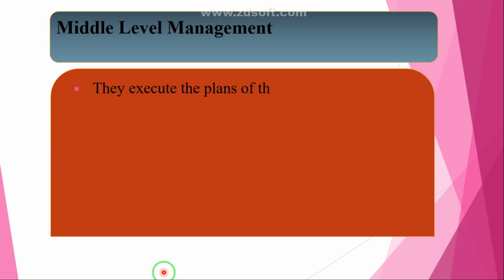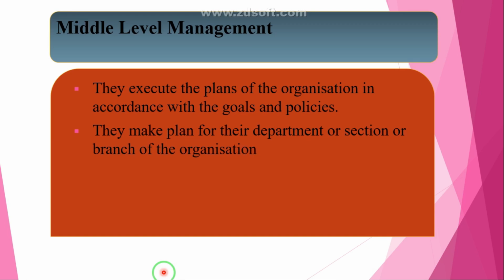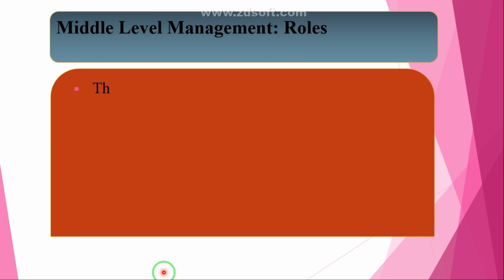They execute the plans of the organization in accordance with the goals and policies. They make plans for their department or section or branch of the organization. And as a department head, they participate in employment and training of low level management.